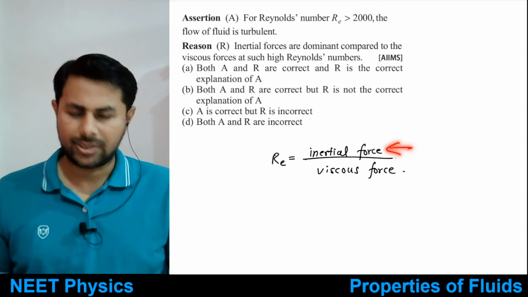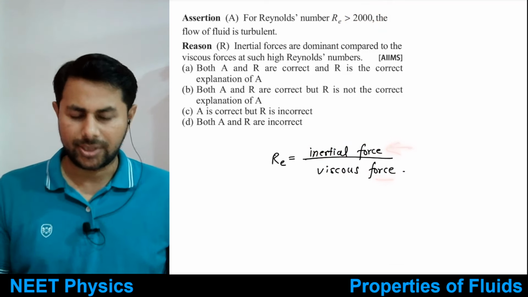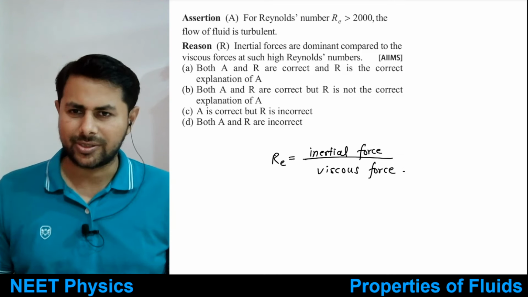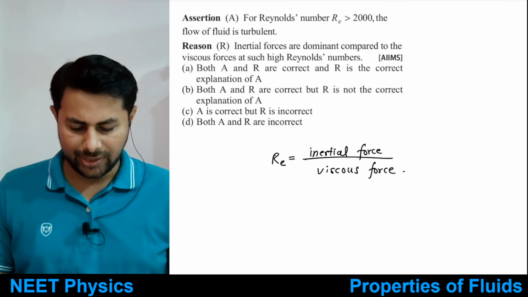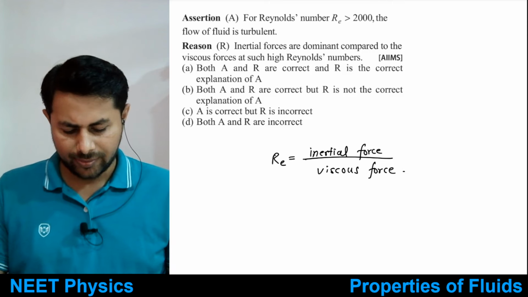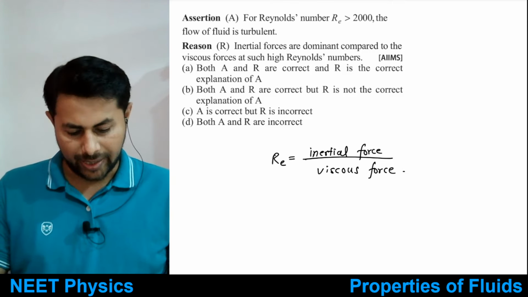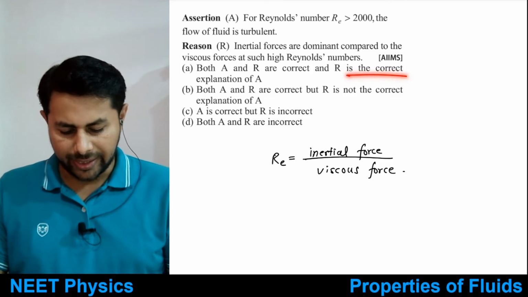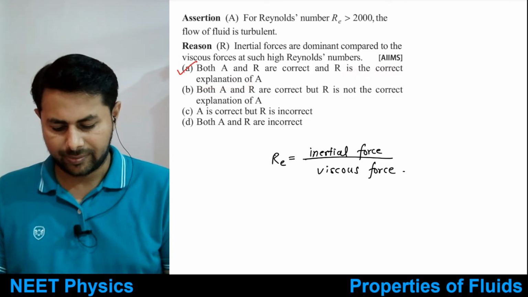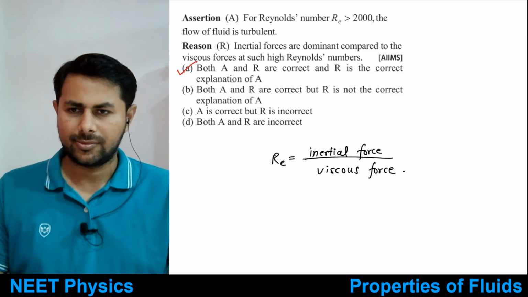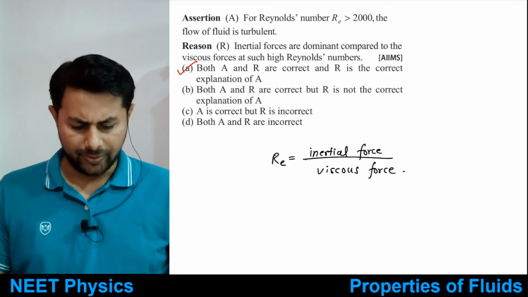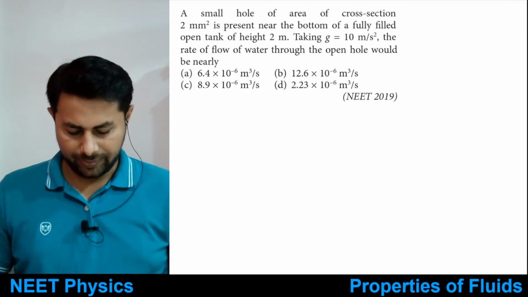So inertial forces are more compared to the viscous forces. Right? This is clear? Yes, no? So assertion and reason both are correct, and reason is the correct explanation of A. Okay, straightforward, right? Okay, good. Let's see next one.